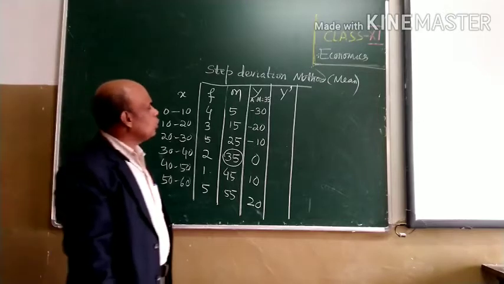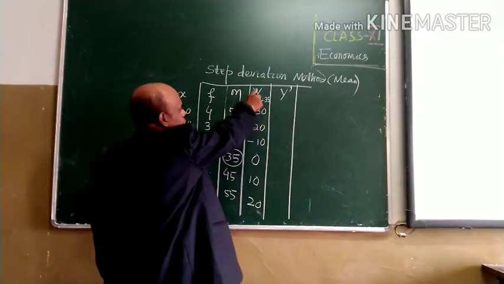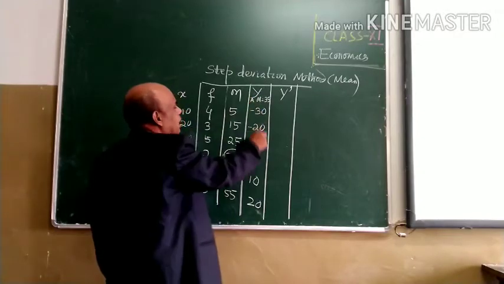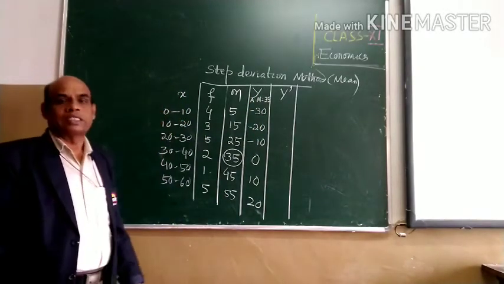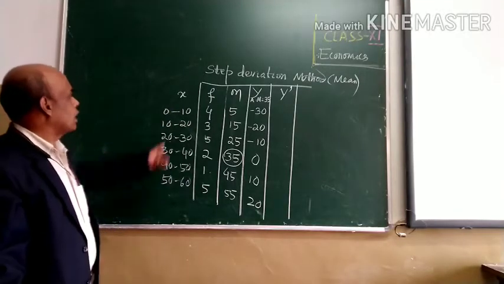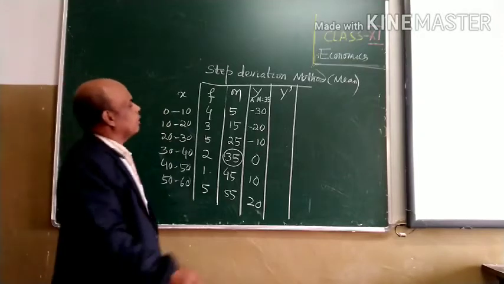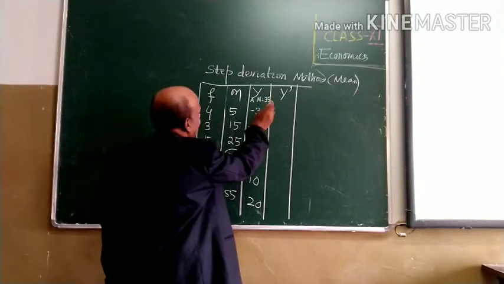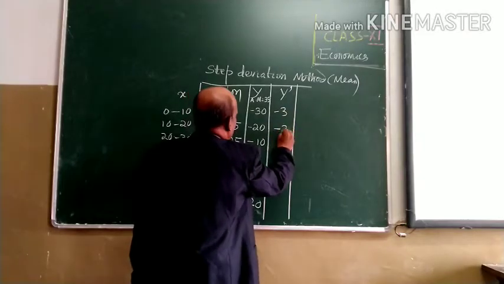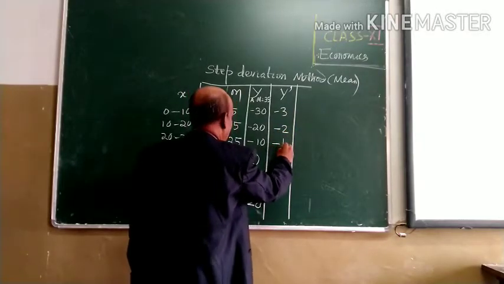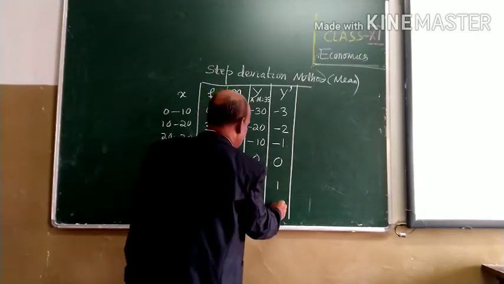So whatever you got as your y value, you divide that by the class interval. So you divide minus 30 by 10 and you will get minus 3. Here you will get minus 2, minus 1, here 0, 1 and 2.